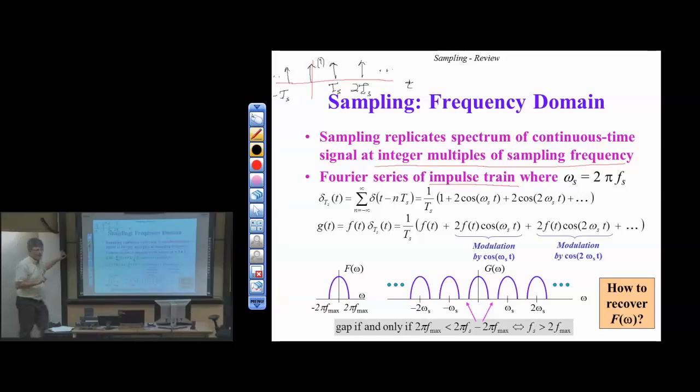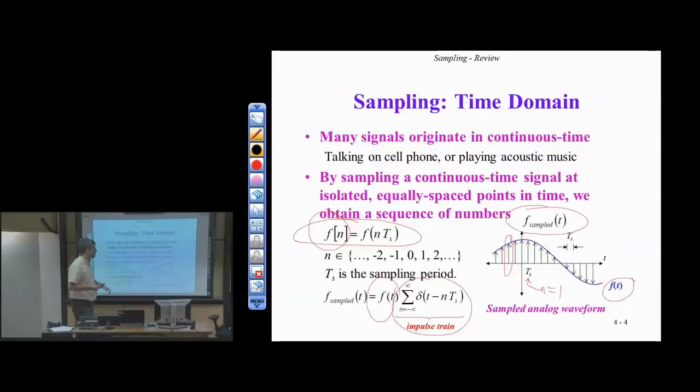So the idea is that when you sample, you're not actually sampling 0 hertz. The impulse train is still in the time domain.